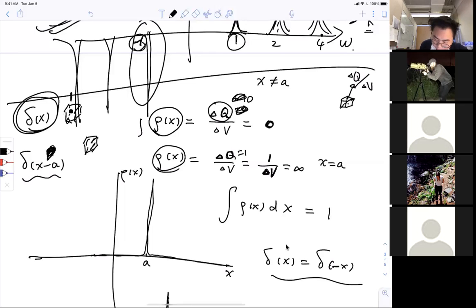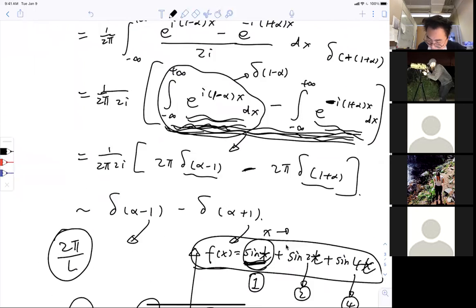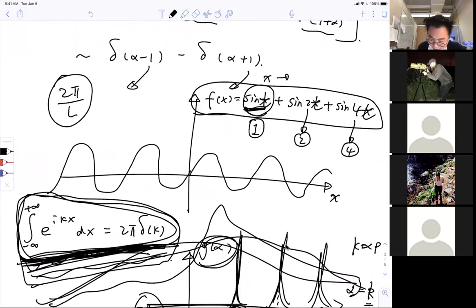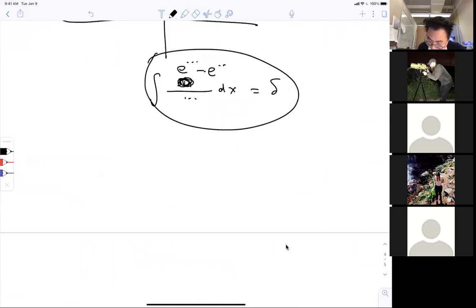So what I'm trying to do here is, if I have a point charge, what's the density? And it's independent of what we are doing here. I see, thank you. So any other questions?